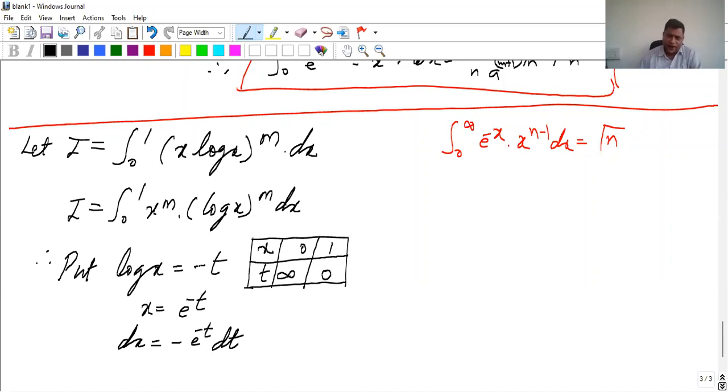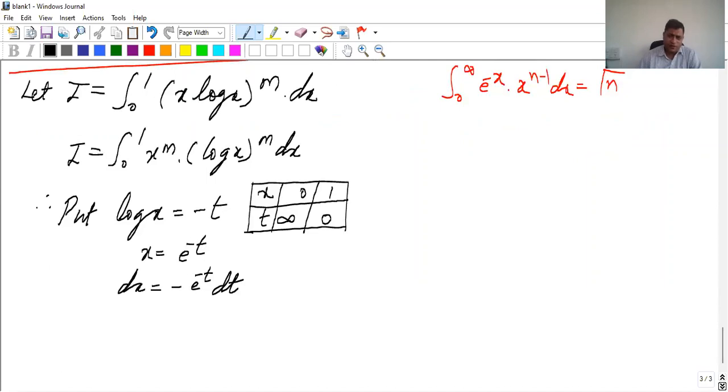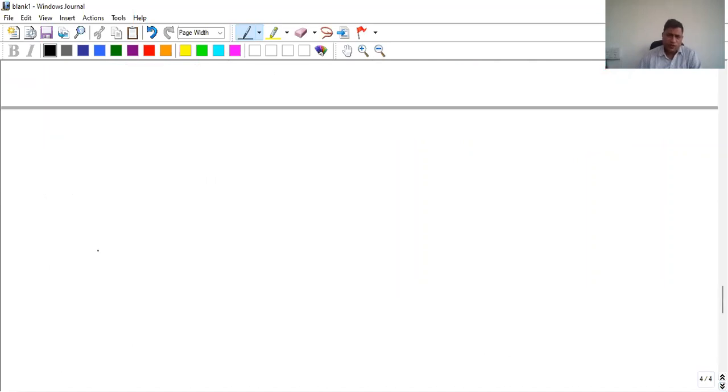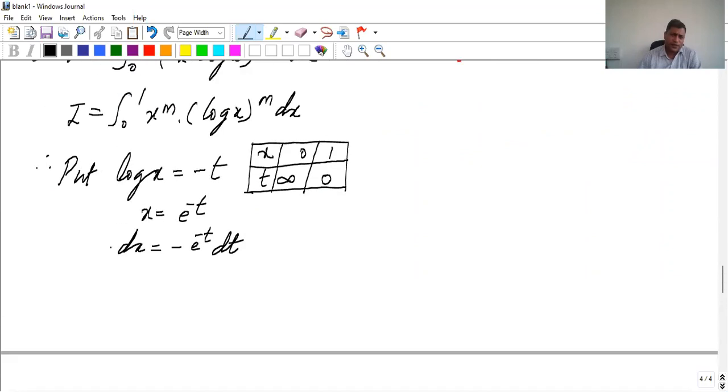So we can rewrite the integral, and hence we have I is equal to, please be careful, don't be in a hurry. What are the limits? The limits are infinity to 0.